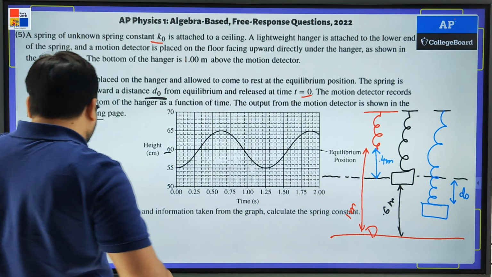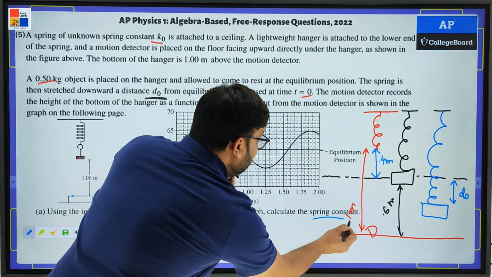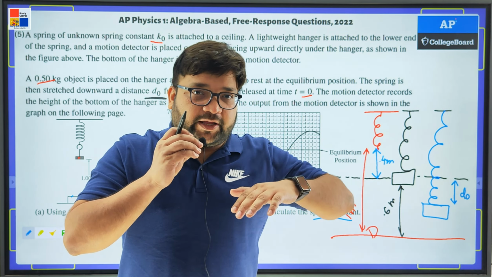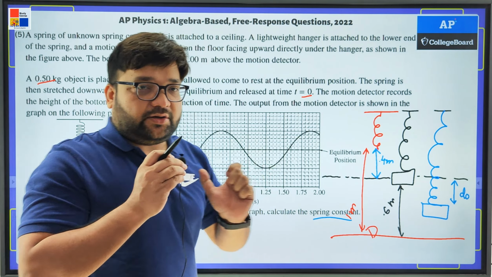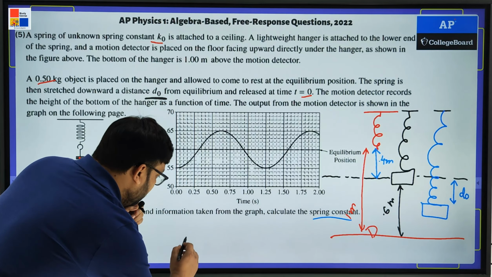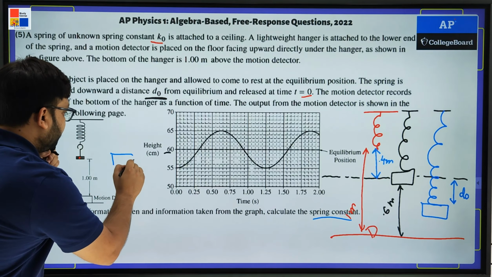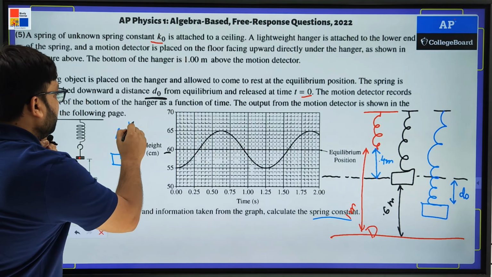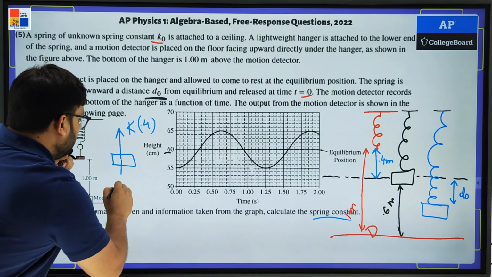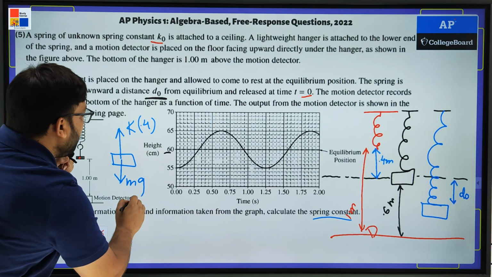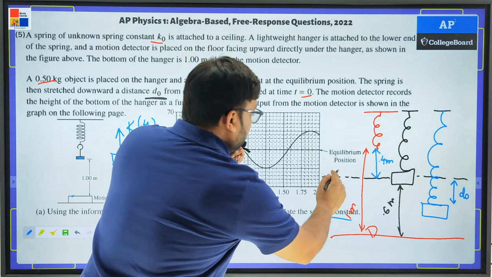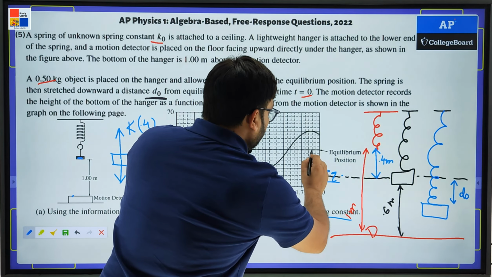In the first part, the question is asking what is the value of the spring constant K. I can see that the weight pulled down the spring by 0.4 meters and the spring force is given by K times the elongation. If I make a free body diagram of the object here, upwards there is K into the elongation, that is 0.4, balancing the weight mg of the body in the mean position, in the equilibrium position, this level.